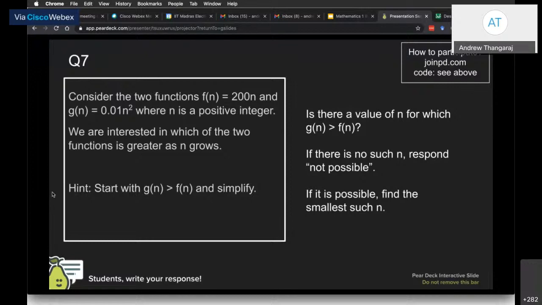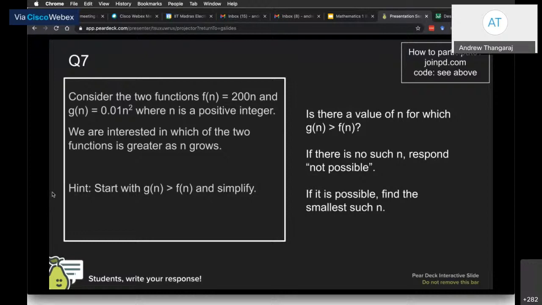I've just put it as f of n here. And I'm assuming n is a positive integer, okay? What are positive integers? 1, 2, 3, like that. So I'm interested in seeing which function is going to be larger or greater as n becomes larger and larger. Is that all right?